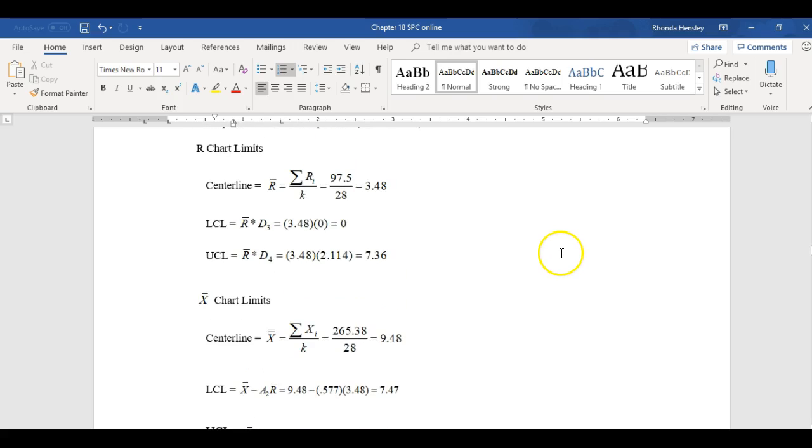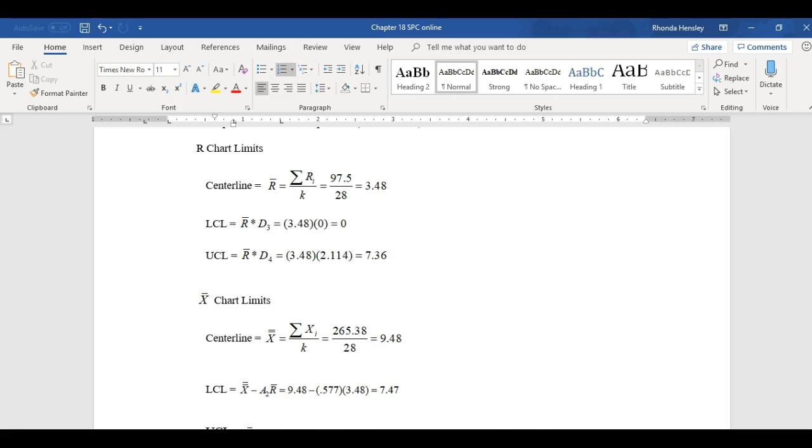The reason that you need two charts for one set of data is that when you compute averages, you have the mean, and you also have a dispersion or a spread that the data takes on. So the R chart is used to look at whether the spread is within the limits that you would expect from your process, and the X bar chart is used to look at whether the mean is where you think it should be.